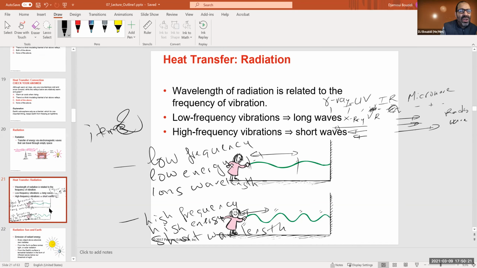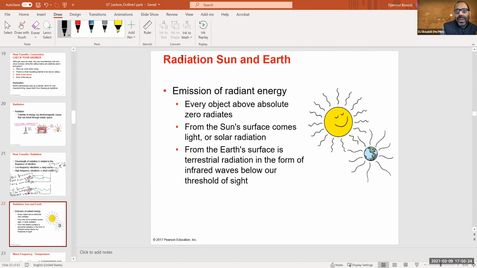It transfers in a vacuum too. So again, emission of radiant energy: every object above absolute zero radiates. So if somebody tells you everything radiates, they are not wrong, because everything radiates as long as it's not at 0 Kelvin. At 0 Kelvin, nothing radiates, and there is no such thing as 0 Kelvin.